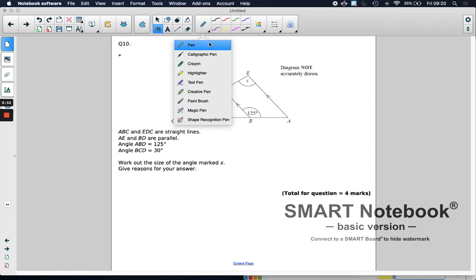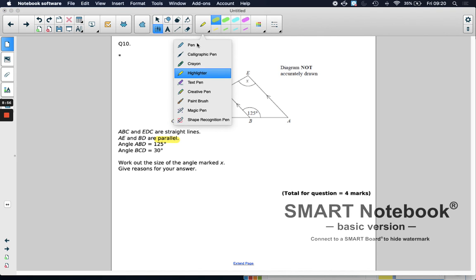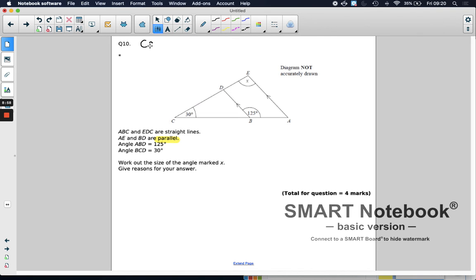If we see that they're parallel, immediately we're going to be thinking of 3 key terms: co-interior, corresponding and alternate.